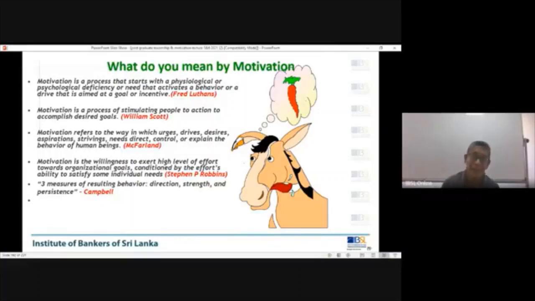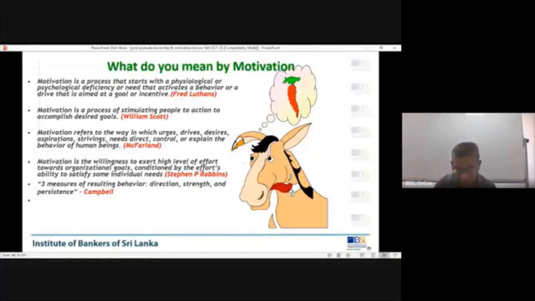That is Stephen Robbins. Dr. Campbell identified three measures of resulting behavior: direction, strength, persistence. All of this depends on the effectiveness of your triggers.